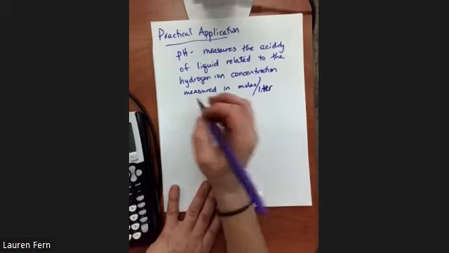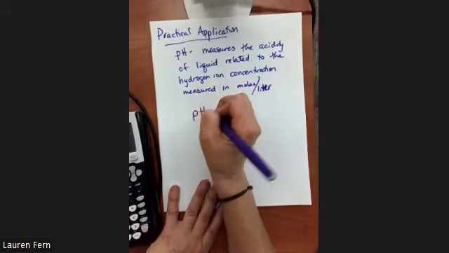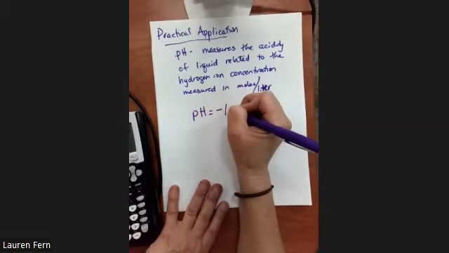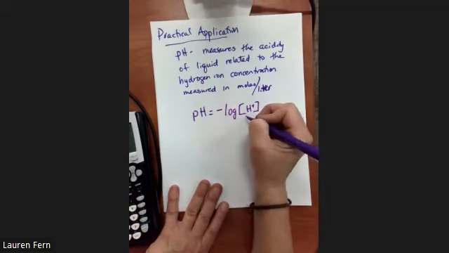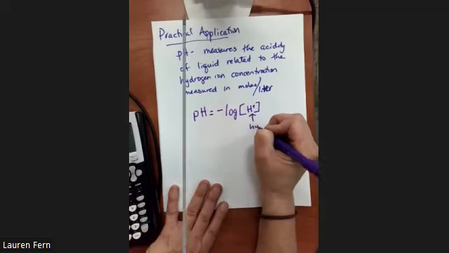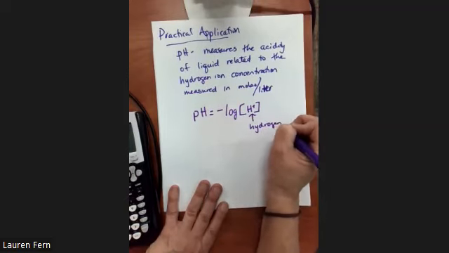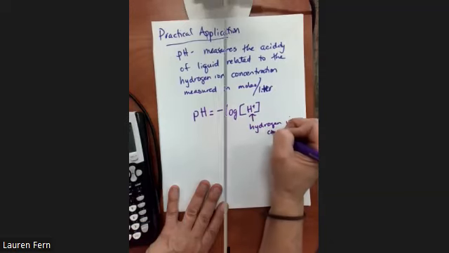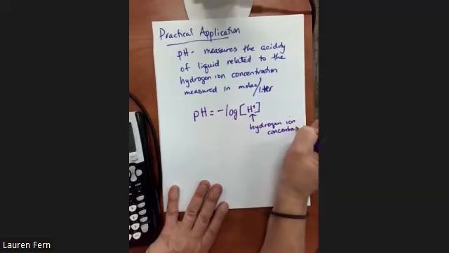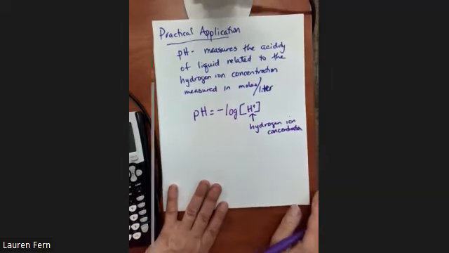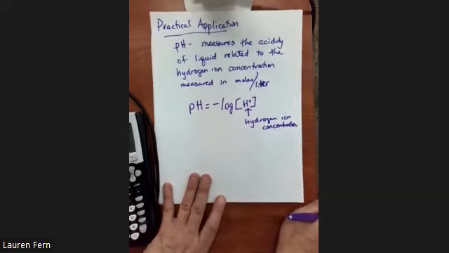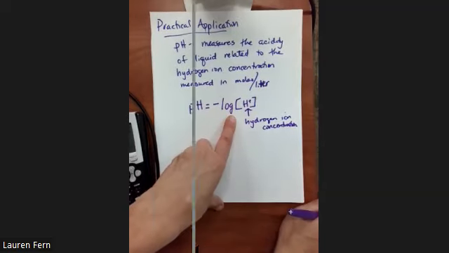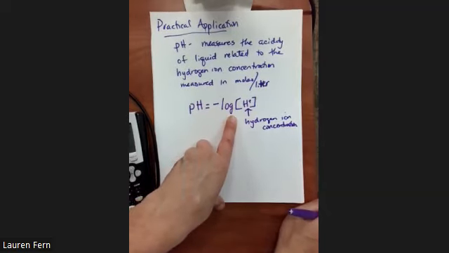You don't have to know it. pH is negative log of H plus, and what's in here is your hydrogen ion concentration. Now, I don't have a base written for this log. What does that mean? Log base 10, good.